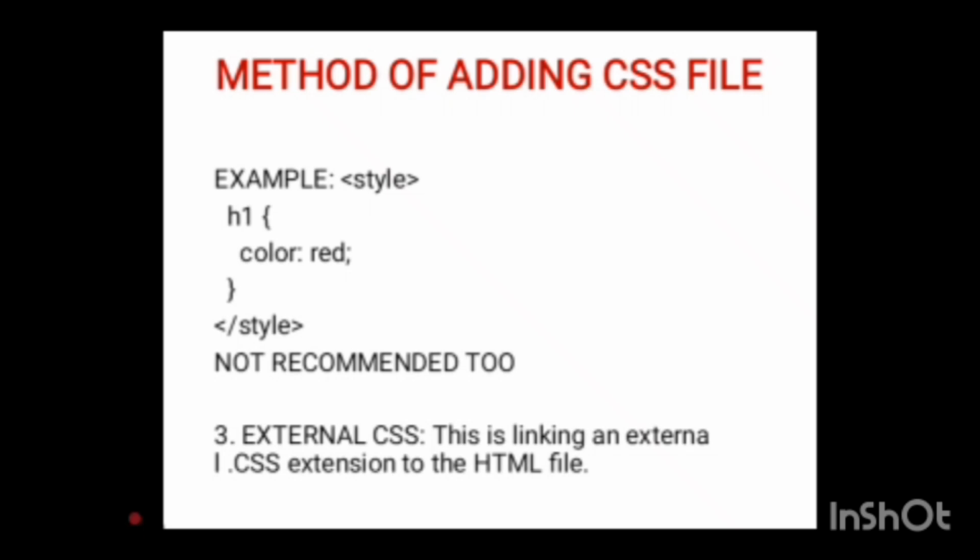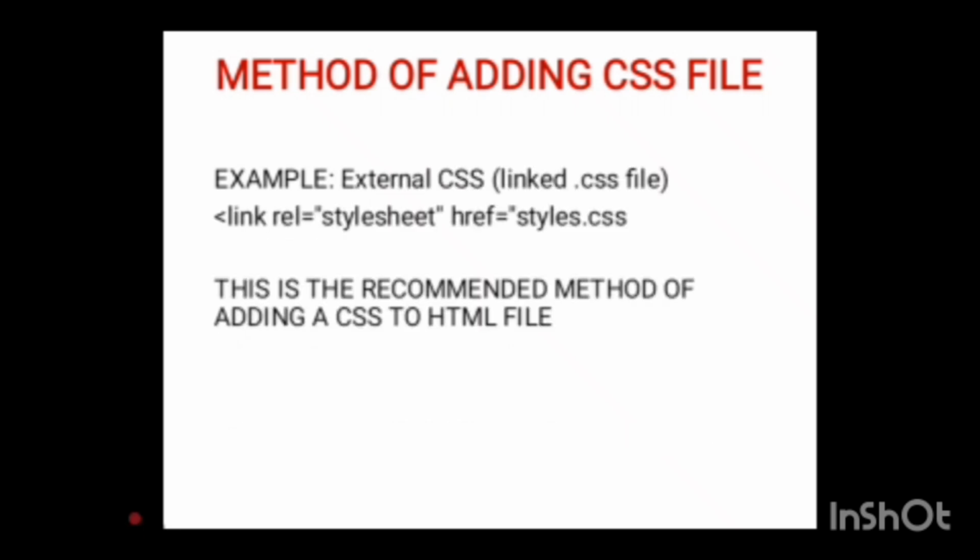The last one is the external CSS. This is linking an external .css file to the HTML file. An example of that is the link element, giving it the stylesheet rel and an href of styles.css.